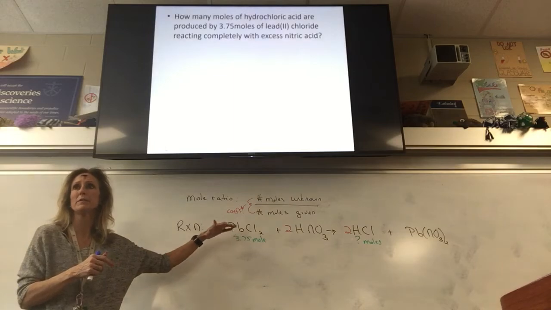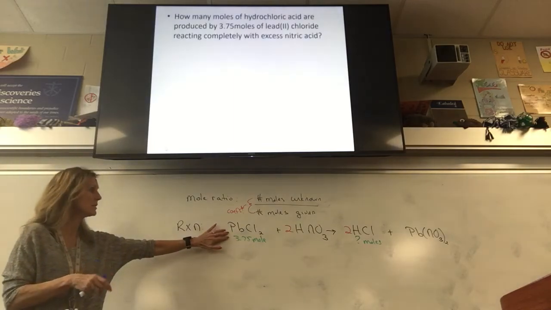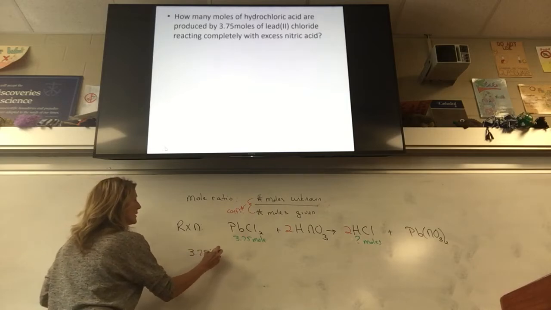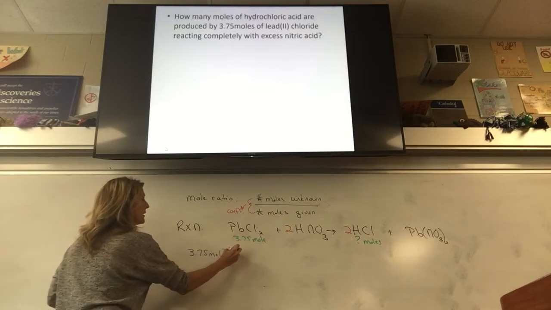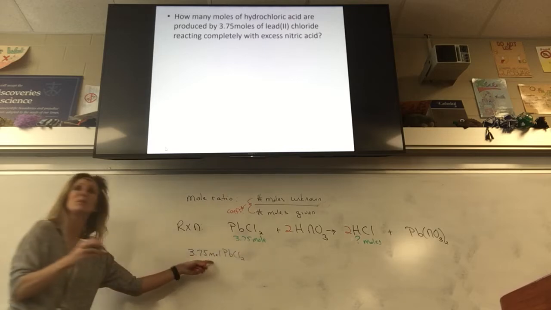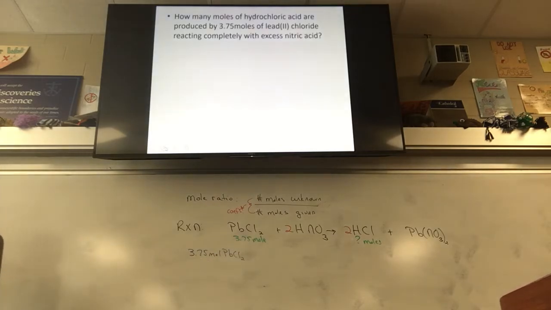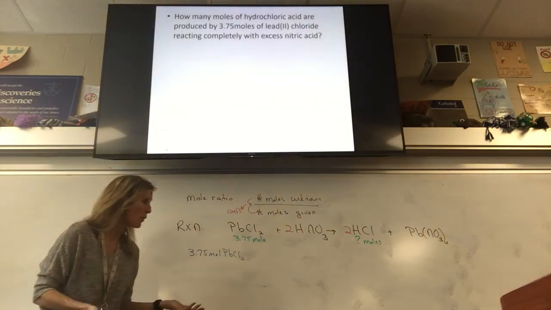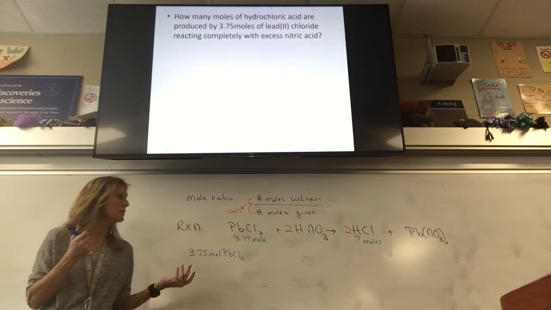Now the first step is to take our given, which is, in this case, the 3.75 moles of lead(II) chloride. And again, I'm going to label not only my units, moles, but also the compound, because with stoichiometry, we're now switching compounds. So the more you label, I think the easier it will be on you.